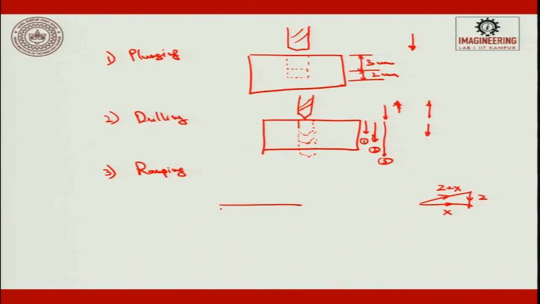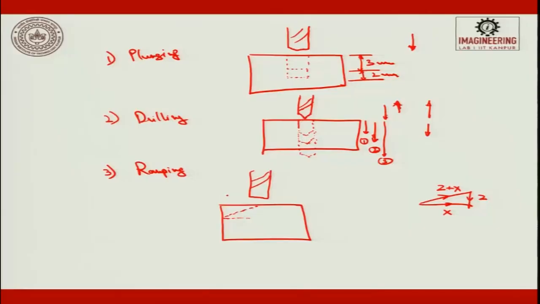Suppose this is the workpiece and we have a tool here, and we need to cut something like this. It is like the landing of an aeroplane. It will move in this direction, both z and x working, and make its cut. So, this is known as ramping.